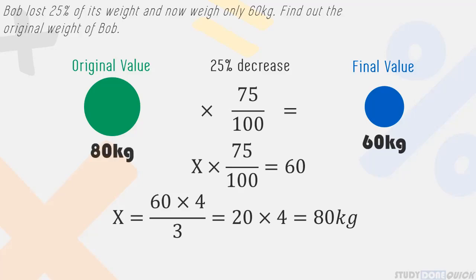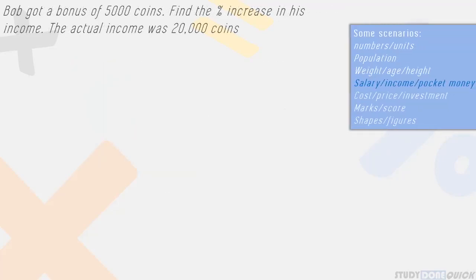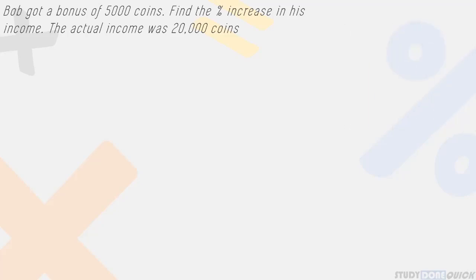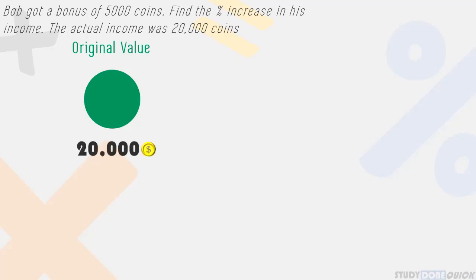So Bob lost a lot of weight, but it was okay because he got a promotion, and that is our next scenario. So Bob got a bonus of 5,000 coins, and his actual income was 20,000 coins. But this time we need to find the percent increase in his income. Now this time we know the original value, or original income, which is 20,000 coins.